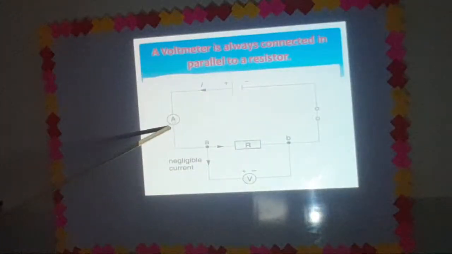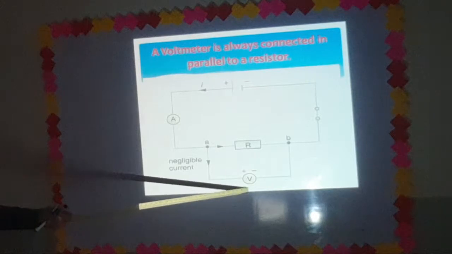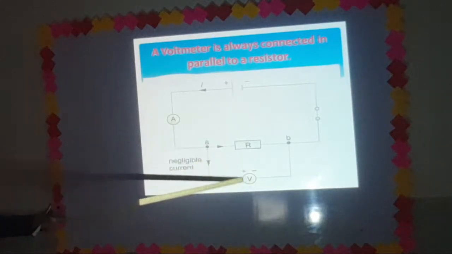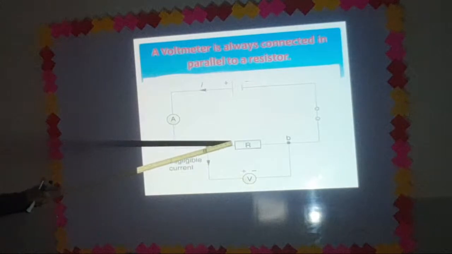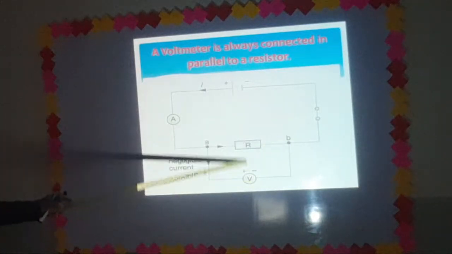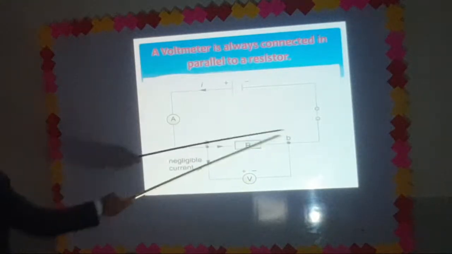The internal resistance of ammeter is kept very low so that the maximum current may flow through it, and the internal resistance of voltmeter is kept very high so that minimum current flows through it and the maximum current flows through this path. It is connected in parallel just to measure potential difference between these 2 points.